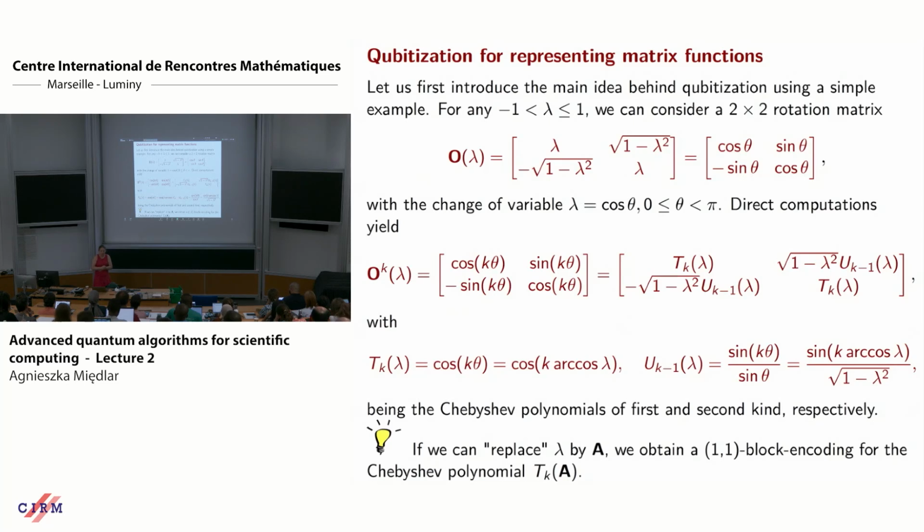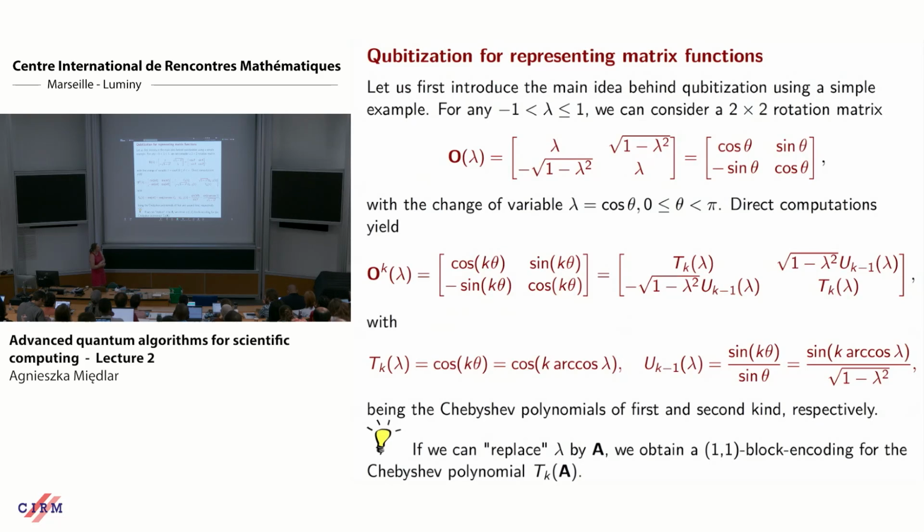The nice property: if I take the kth power of this matrix, due to the trigonometric properties, you will get this object. And then if you go back into your lambda definition, we get this matrix, which has a very nice structure.